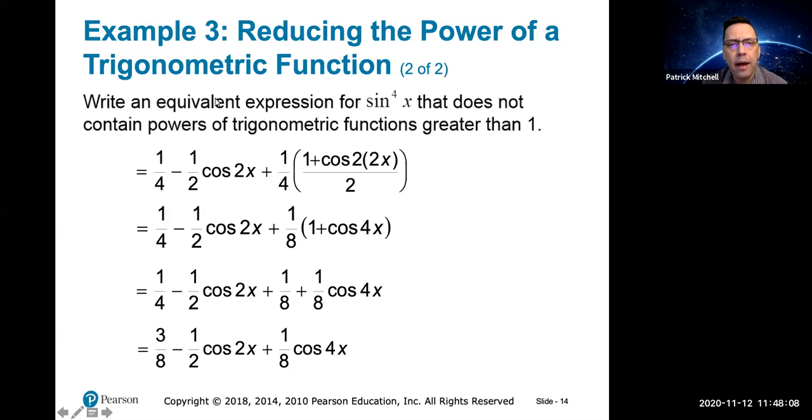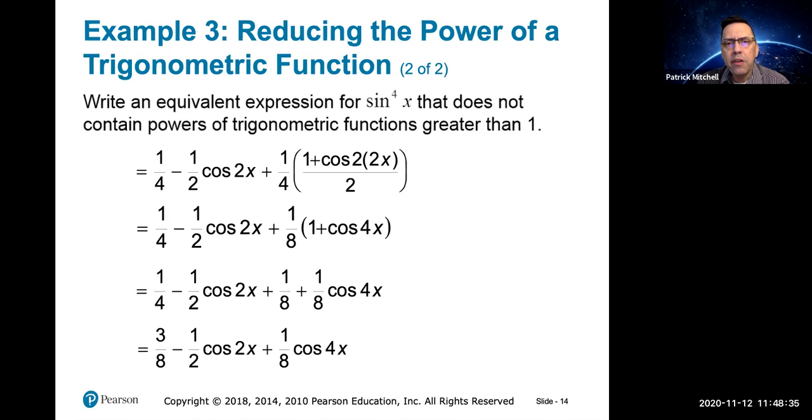So one last time, the original instructions were write an equivalent expression for sine to the 4th x that does not contain powers of trigonometric functions greater than 1. And we've done that. There are no powers of trigonometric functions greater than 1. The trade-off is that instead of having a sine x or a cosine x, you have a cosine 2x and a cosine 4x.